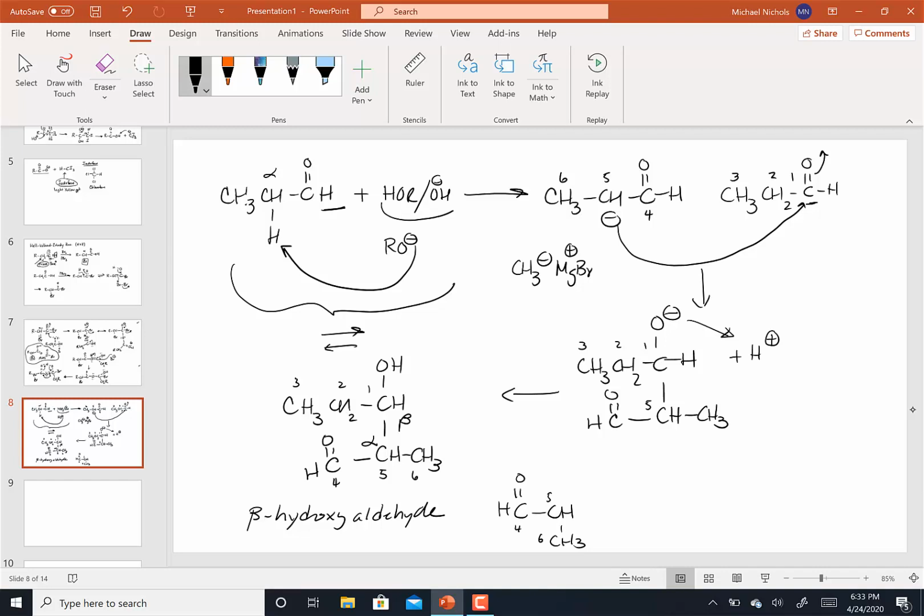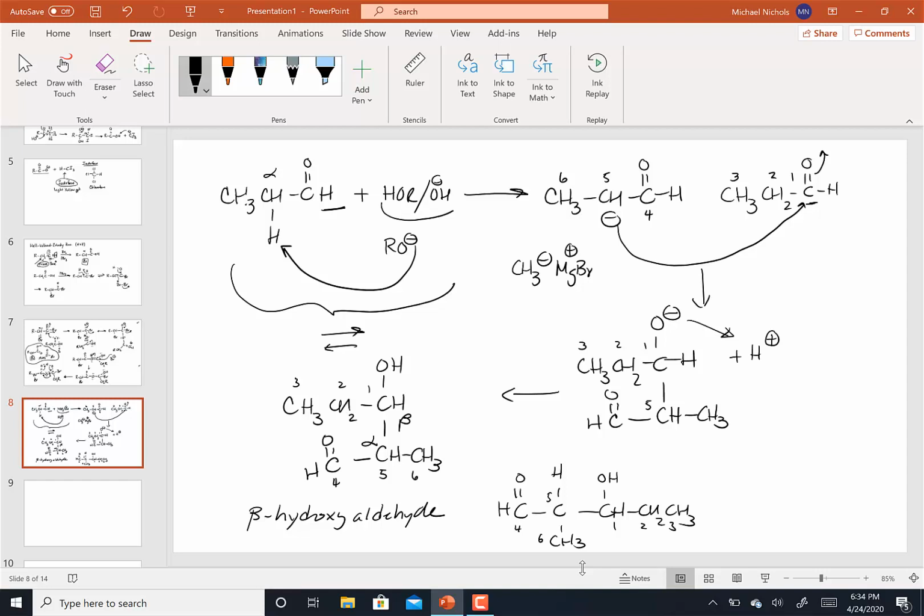And what's carbon 5 attached to? It's attached to carbon 1, and then 2 and 3. Carbon 1 was originally the carbonyl. And I'm going to take carbon 5's hydrogen and explicitly write it. So that's the same structure in a linear fashion.